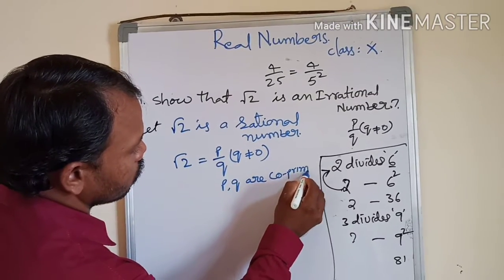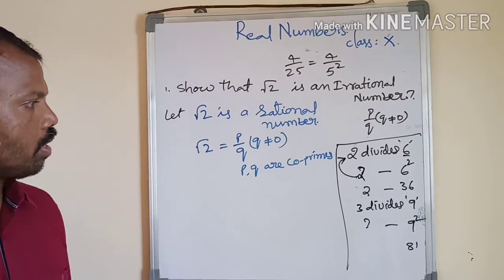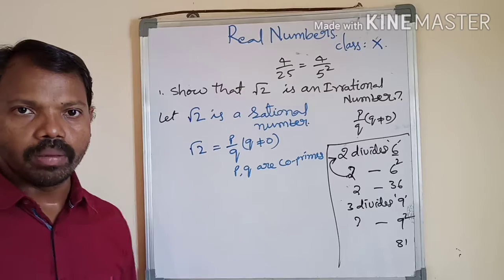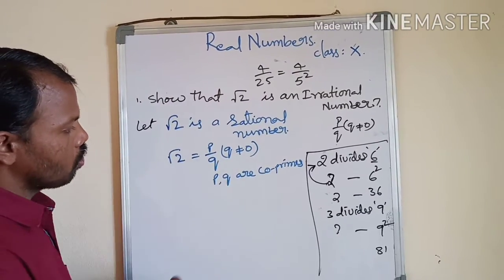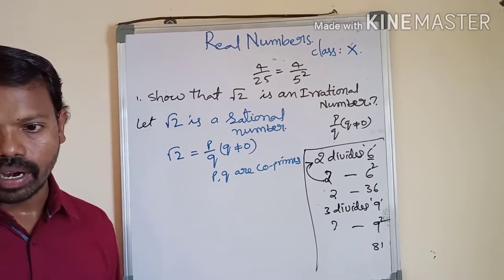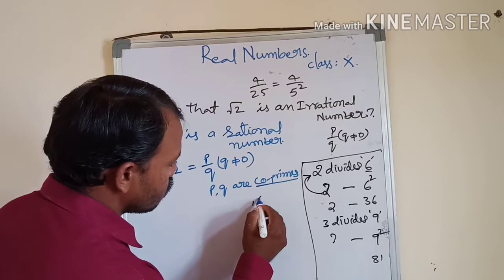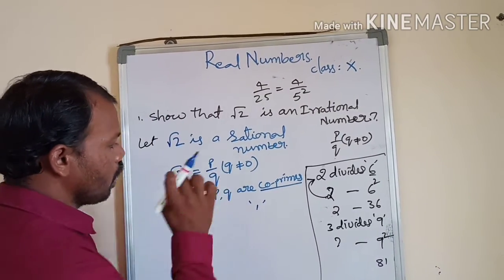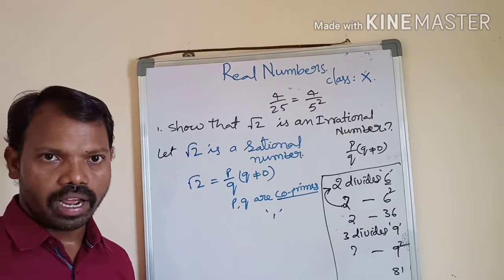What is meant by co-primes here? Only 1 is a common factor for p and q, then we can call p and q co-primes.